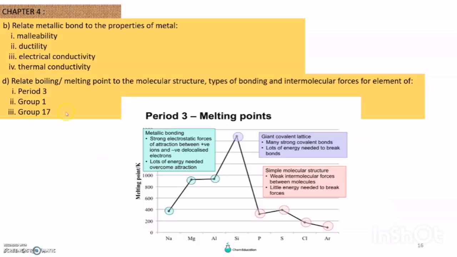Alright. So next one, we relate metallic bonding to malleability, ductility, electrical conductivity, thermal conductivity, and also relate boiling and melting points to molecular structure, types of bonding, and intermolecular forces, for period 3, group 1 and group 17, for your syllabus.